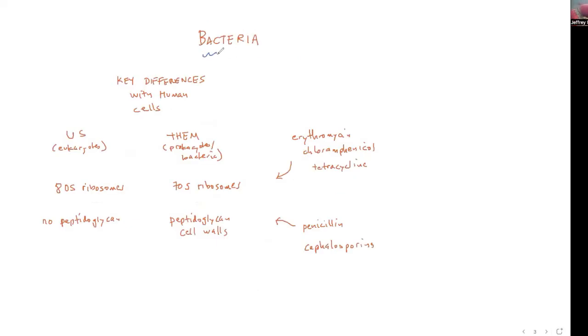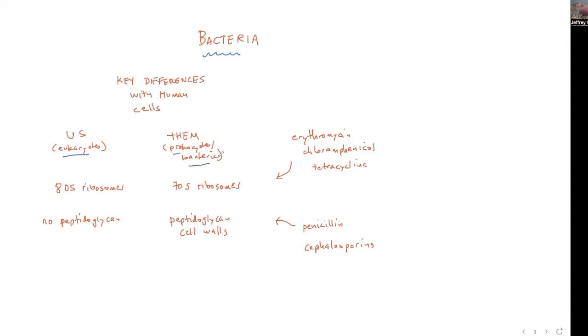So now we're thinking about bacteria. Remember, they're prokaryotic, and because they're prokaryotic, they're going to have some key differences with human cells, right? Because we are eukaryotes and they are prokaryotes, and specifically they're bacteria.